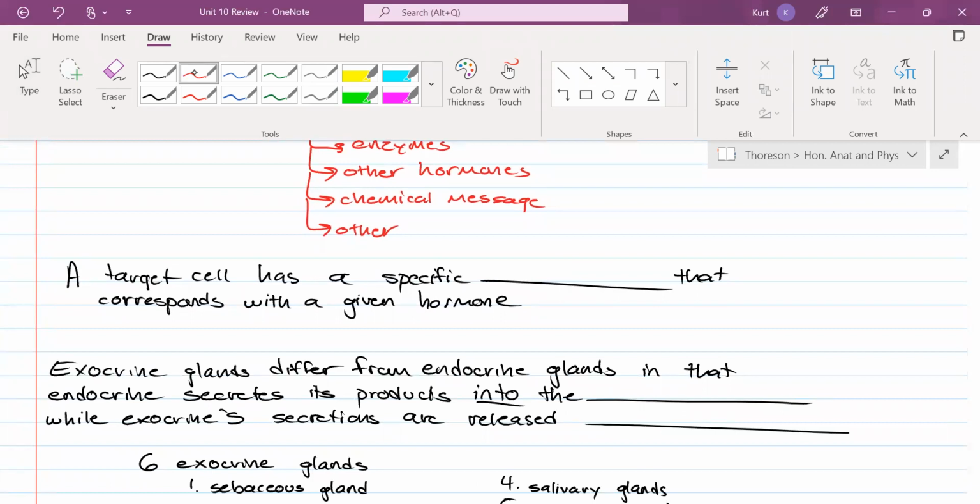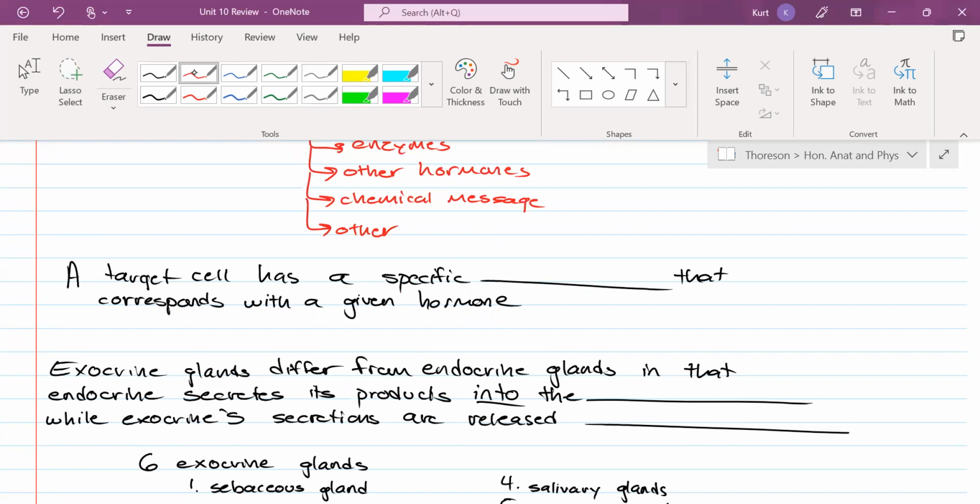A target cell has a specific blank that corresponds with a given hormone. Zoe, what's on the surface of a target cell that allows it to correspond with a hormone? Zoe, what allows you to open up the house that you live in? You have a key, right? What does the key fit into?